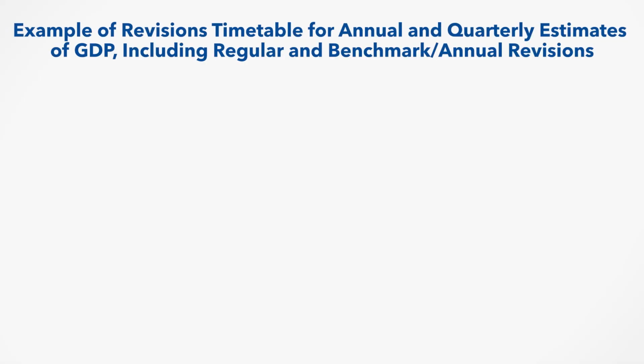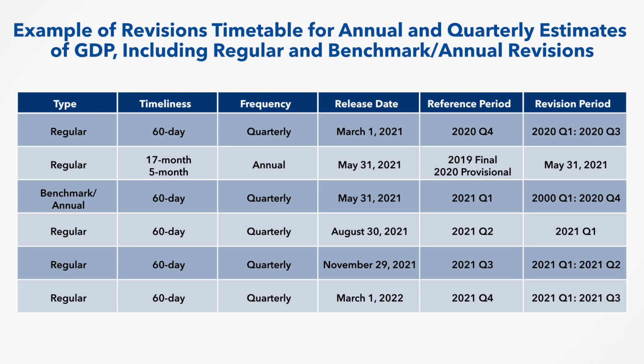Here is an example of a revision timetable for annual and quarterly estimates of GDP, including regular and benchmark or annual revisions. Most countries schedule a benchmark revision once a year, in which the annual data are incorporated and the quarterly and monthly estimates are benchmarked to the annual national accounts.